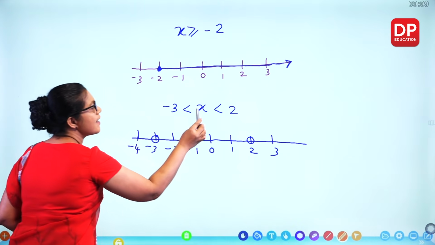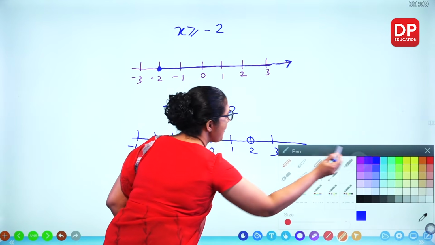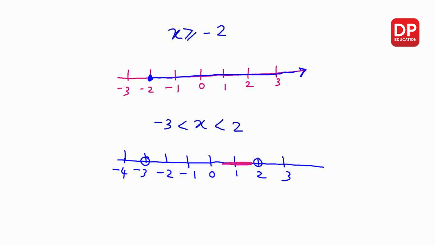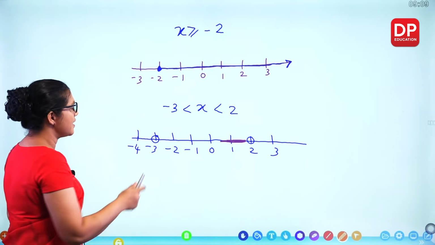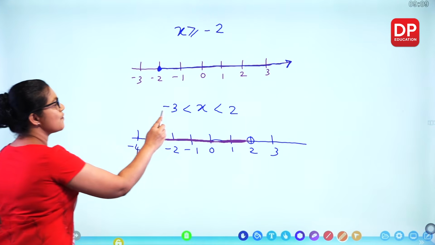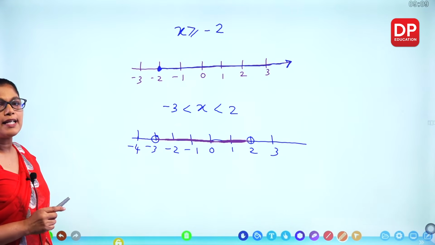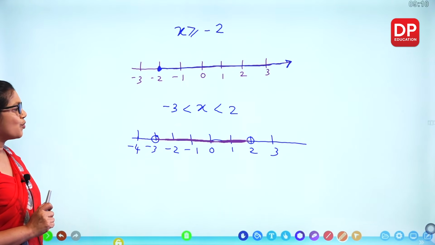And here x is less means this side, towards the left side. So this way, if you close this side, x is greater than minus 3 towards this side. So here we can see that any number in between these two satisfies this inequality, in between minus 3 and 2.